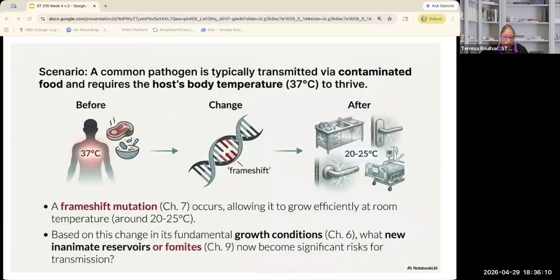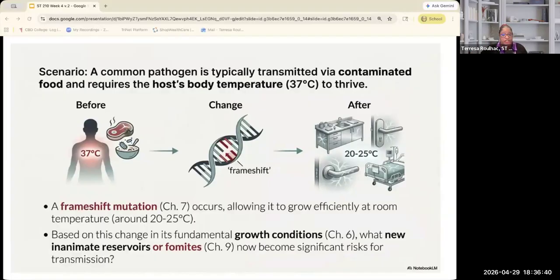Now, I want you to notice something important about this particular scenario. The pathogen hasn't become new. It's become possible in new places. Let's start on the left. Originally, this pathogen is transmitted through contaminated food. It requires body temperatures of 37 degrees Celsius to thrive.